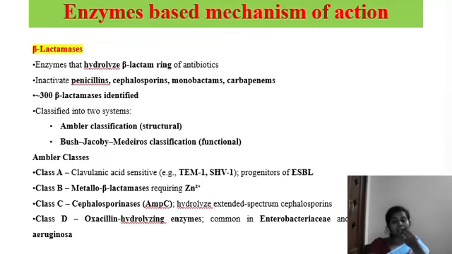Class A beta lactamases are mainly found in Enterobacteriaceae and are designated as TEM-1 and SHV-1. TEM is named after the patient from whom it was first isolated.